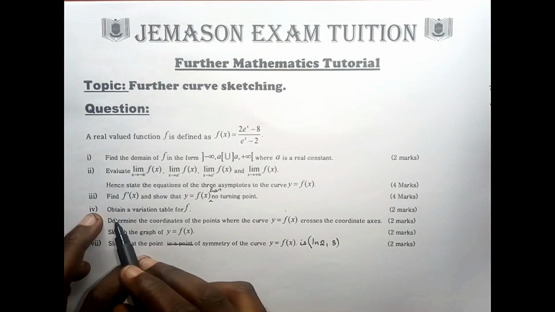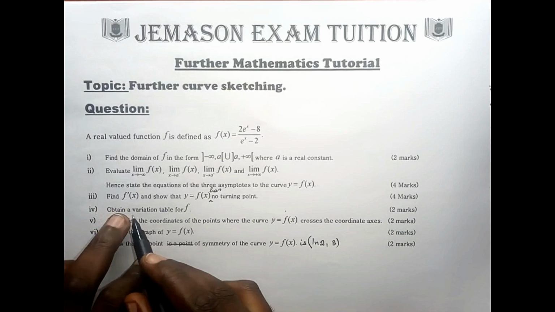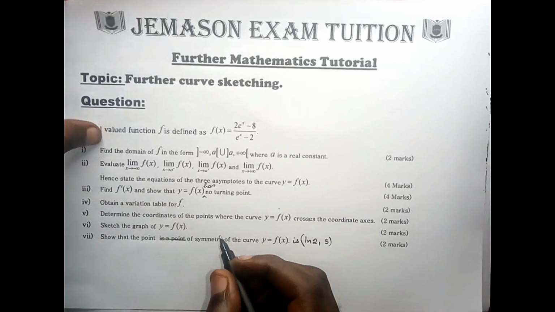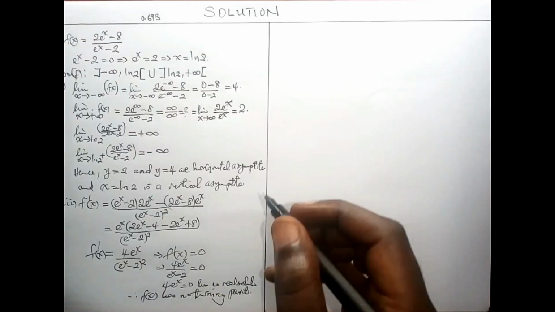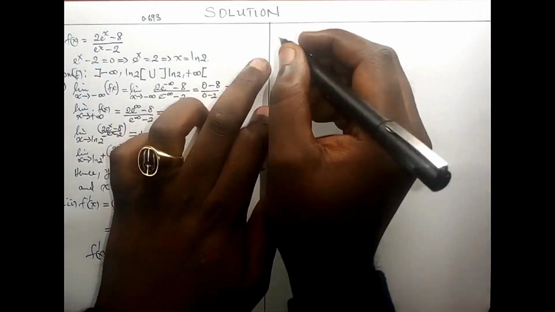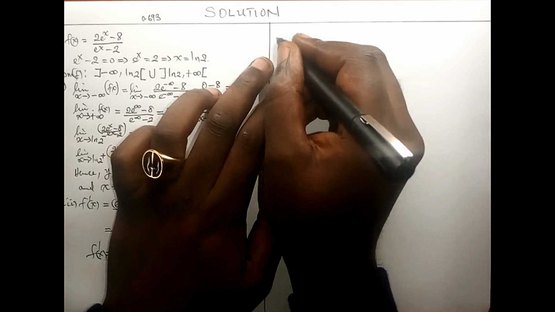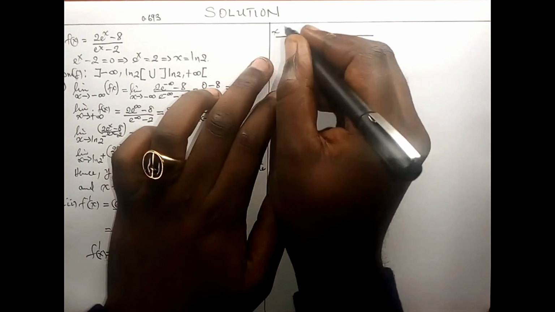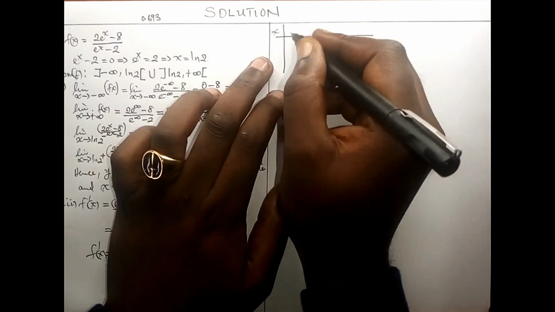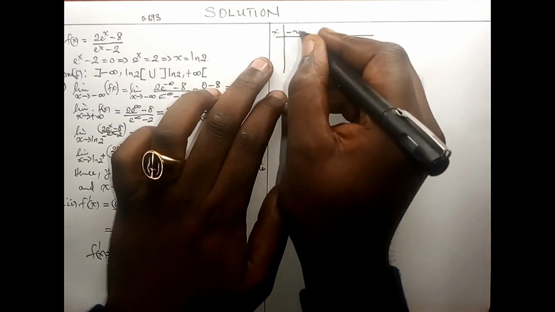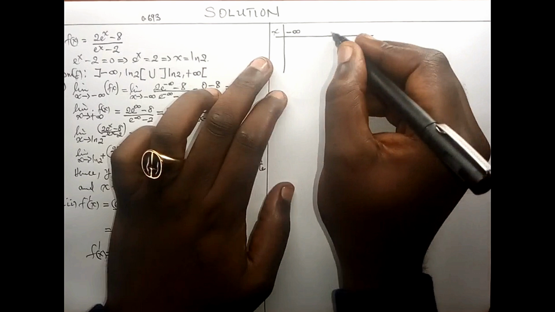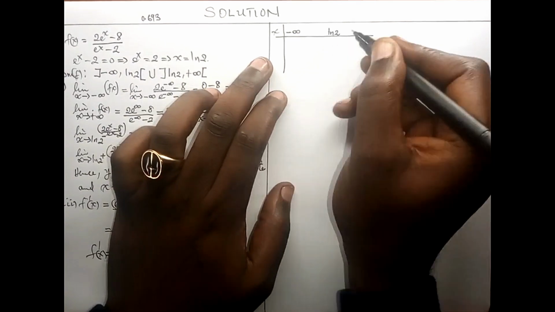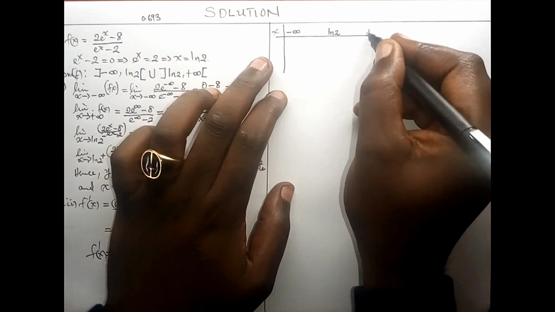Now in Roman 4, we are asked to obtain a variation table for f. So to have the variation table, I would start with the x values, which range from negative infinity, and then I must include the vertical asymptote and then positive infinity.